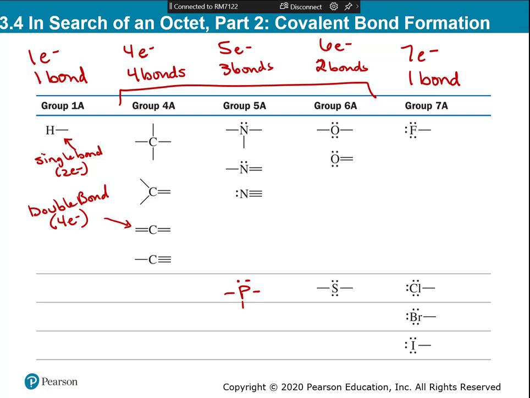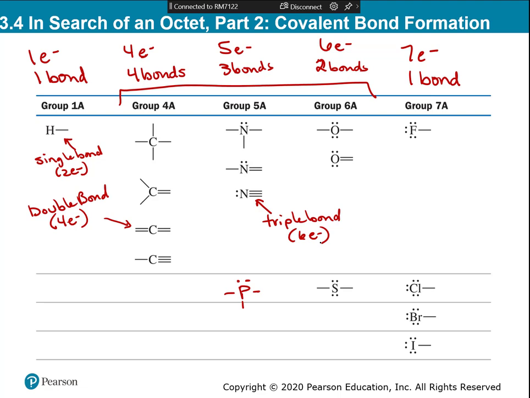What about the nitrogen with the 3? That's a triple bond. How many electrons does that represent? 6. So each line is 2. So this triple line right here is a triple bond, and that is actually 6 electrons.